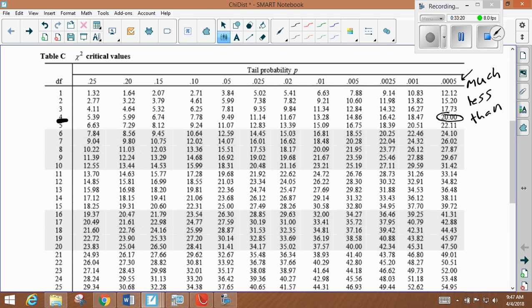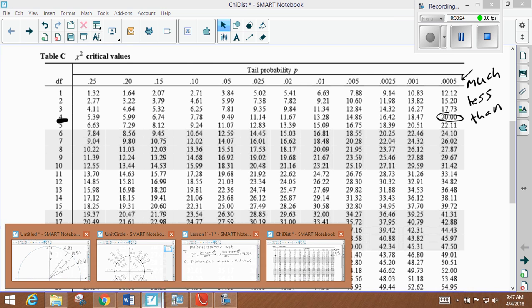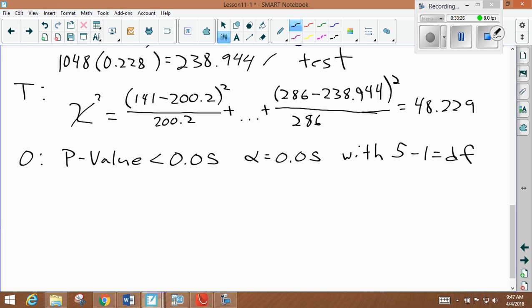Okay. We've obtained a p-value. Let's go ahead and make a decision. So our null hypothesis is saying that the distributions are the same, right?